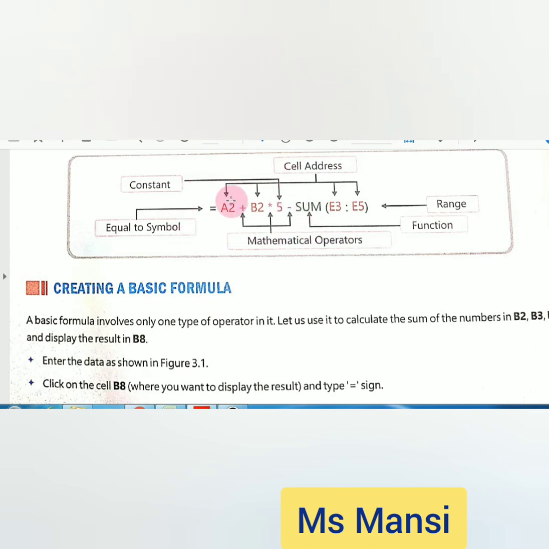So in this diagram, if you see, this is a formula, and a formula always begins with an equal to symbol. And what is the constant value here? Like this 5. This 5 is constant in this formula. You don't change this value.